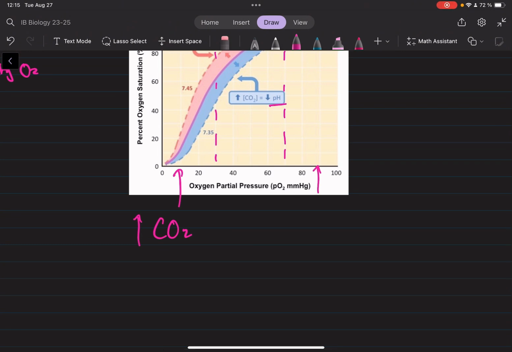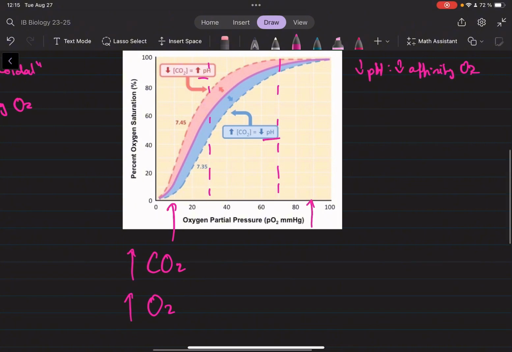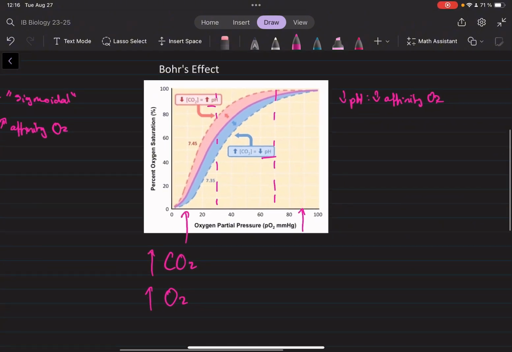That means that we also want a high concentration of oxygen so it can respire. That means that we want the affinity of the hemoglobin to decrease, because a decrease in affinity means that there is going to be more unloading of oxygen from that hemoglobin and more diffusion into the muscle tissues.